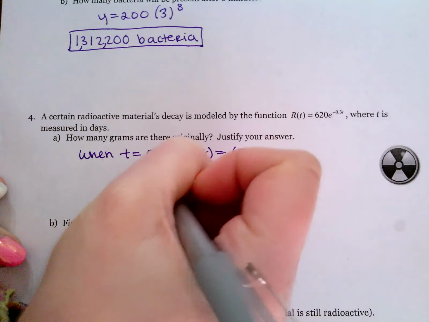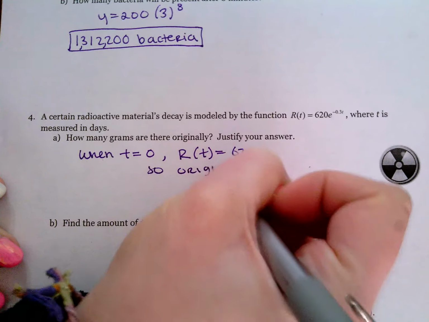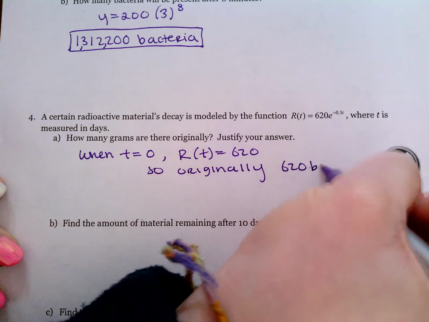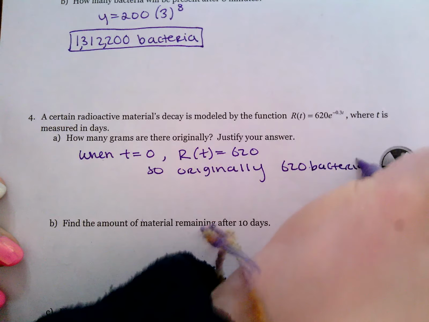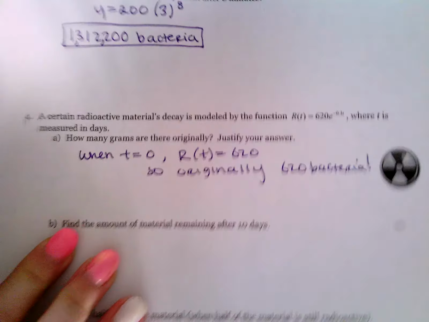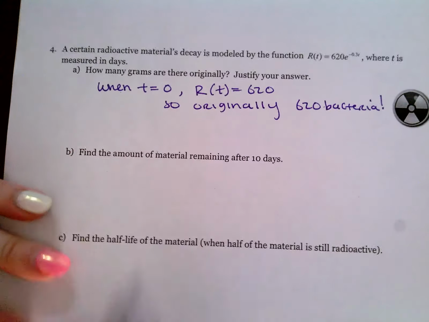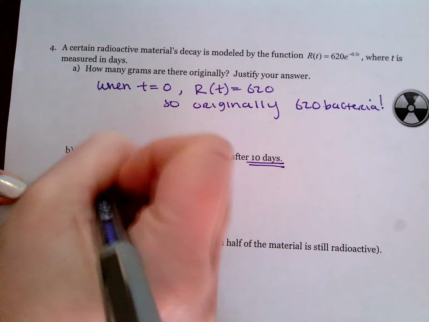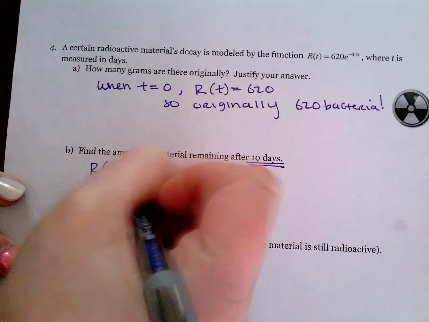Find the amount of material remaining after 10 days. That's finding R of 10 equals 620 e to the power of negative 0.3 times 10. I'm actually going to see what negative 0.3 times 10 equals. Negative 3. I didn't need to do that, but I figured why not.